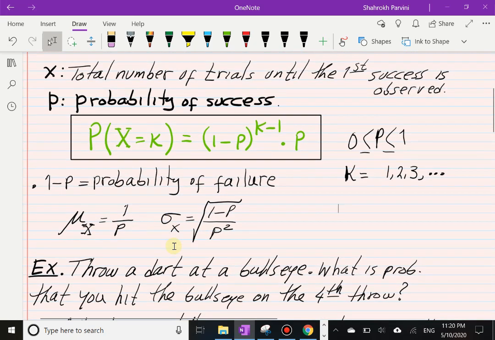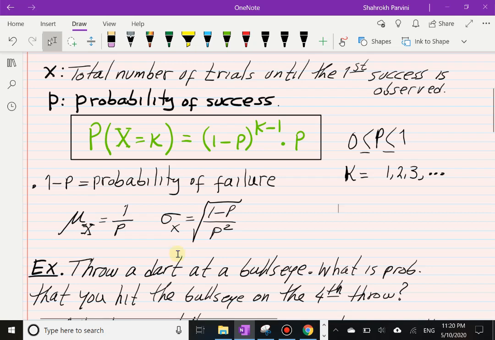Now here are some examples of geometric experiments, or something that could lead to geometric random variables, I should say. Suppose we throw a dart at a bullseye, and we want to know the probability that you hit the bullseye on the 4th throw.